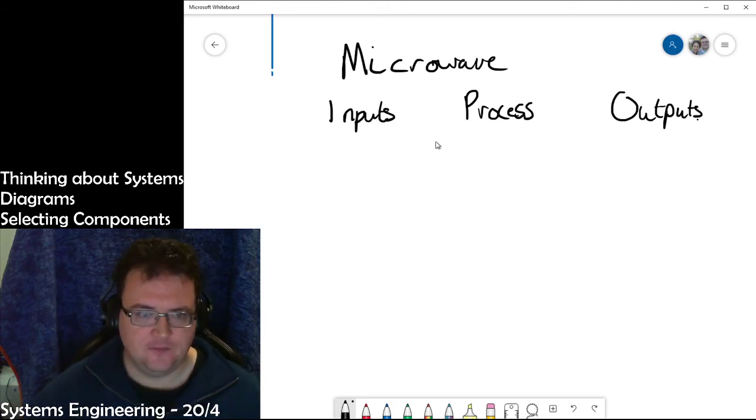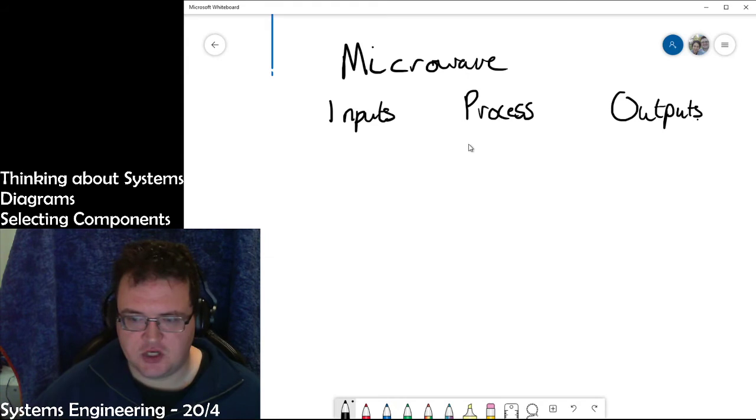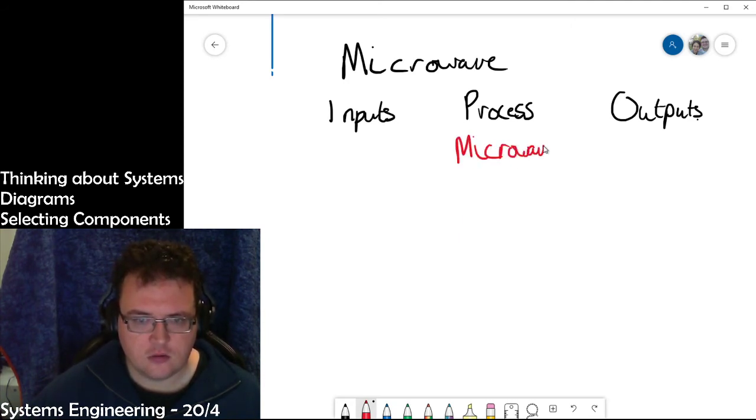Spinning the disc. Yeah, so it turns. So we've got the process of our microwaves being generated, and then we've got the plate rotated.